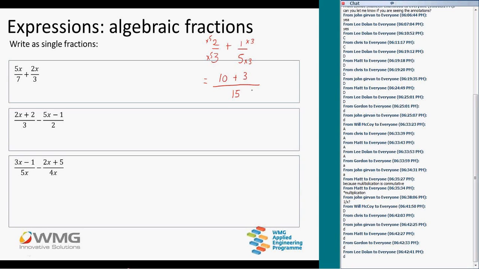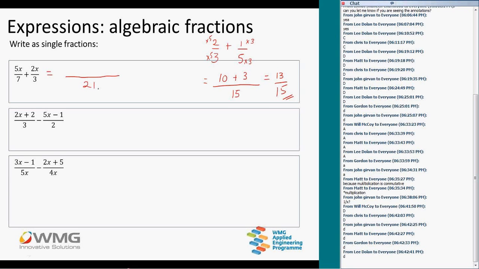The same logic applies to fractions with variables, because they just stand for numbers. A common multiple for 7 and 3 would be 21, so I'm going to write my common multiple here. This had to be multiplied by 3, so this is also multiplied by 3.